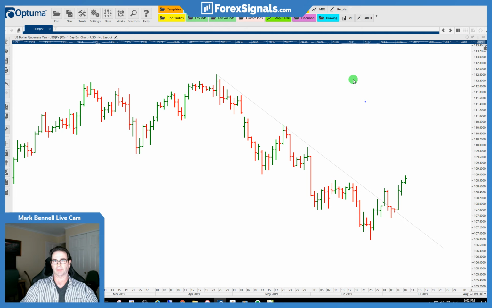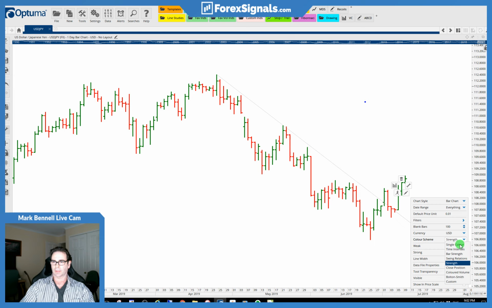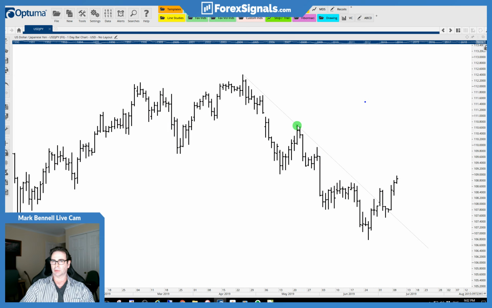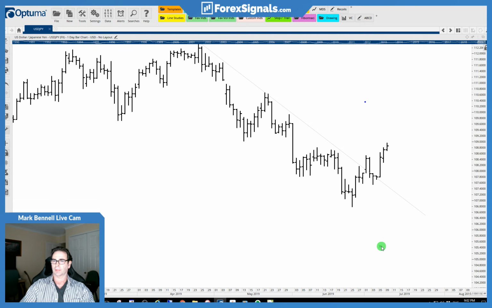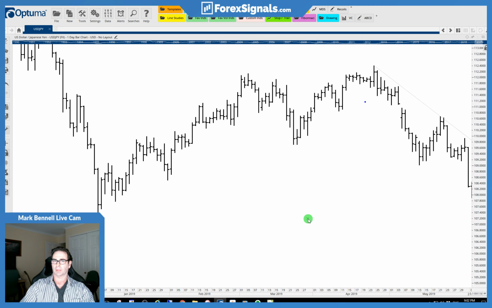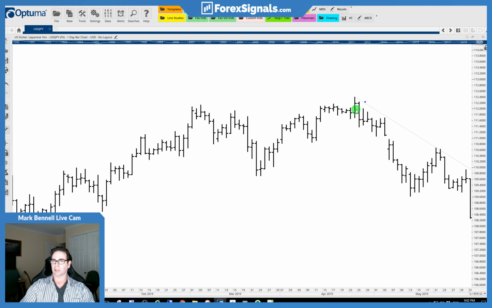Let's change the colour. I can still see the swings. I can see the sentiment. I can see the bar. I can see the big fake out here. I can see the bullish engulfing. I can see the morning star here in a pullback.